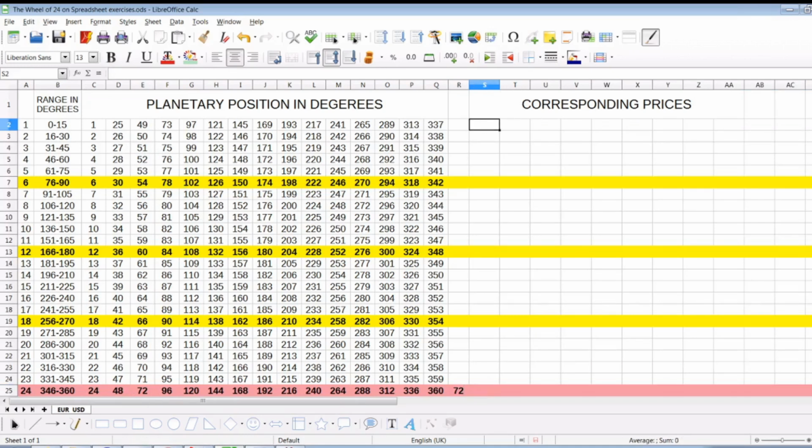So here obviously will be 73 as the very start of the cycle. And the next one we do 73.25, 73.50, and 73.75.